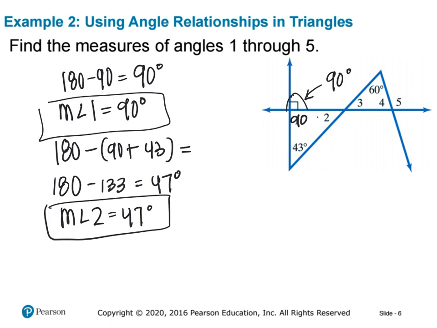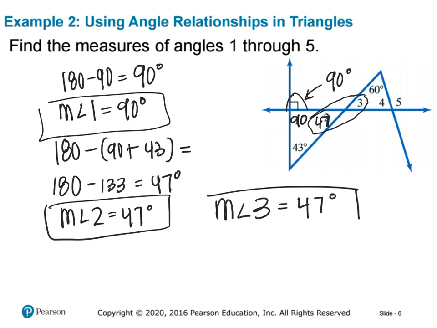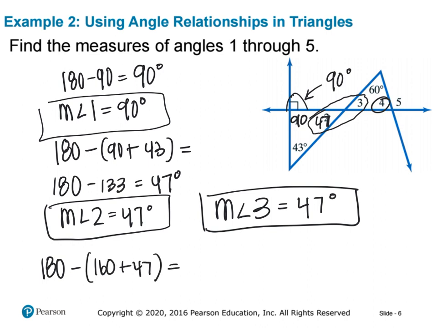All right, so this is 47. So then remember our rule with vertical angles. Those are equal. So the measure of angle 3 is also 47 degrees. And then we have the 60, so we just need to find 4. So 180 minus 60 plus 47, so that would be not 160, 60.